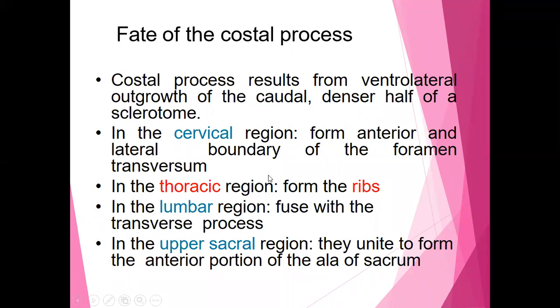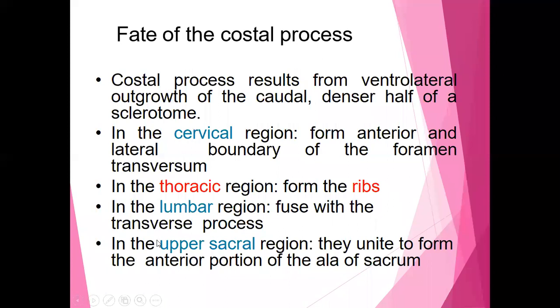In the cervical region, it forms the anterior and the lateral boundary of the foramen transversarium. The foramen transversarium is the identification point of the cervical vertebrae. In the thoracic region, it is important because it forms the ribs.